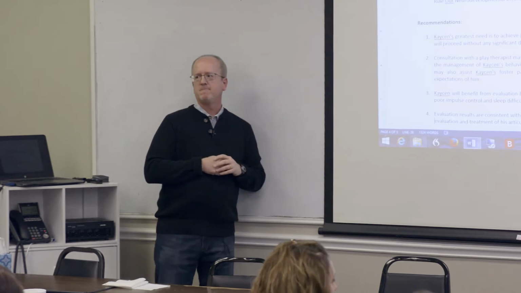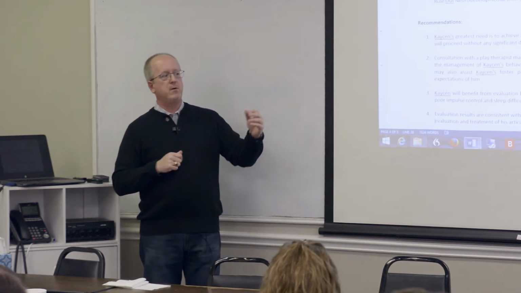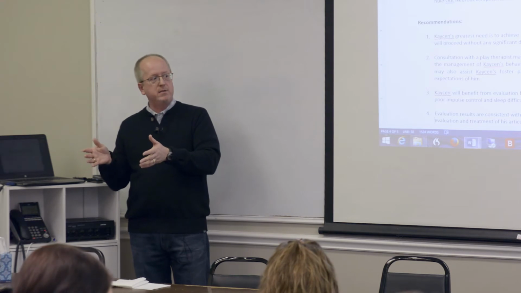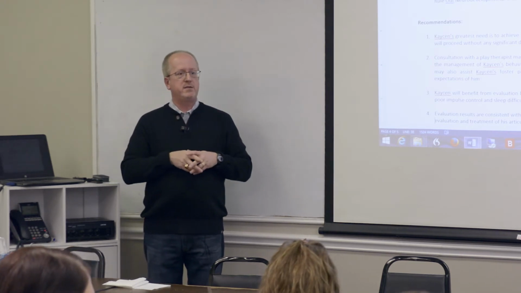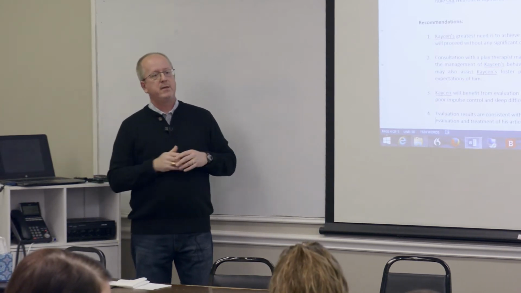So I put provisional. Is that just to see if he does better in a different environment? Yeah. He's in a new environment, or he comes back and sees me the next year, and I have a pre and a post assessment of that child. And if there's been some good progress, he's still maybe doing poorly, but there's been great progress, then that qualifier might go away. The diagnosis might not, but the qualifier probably would.